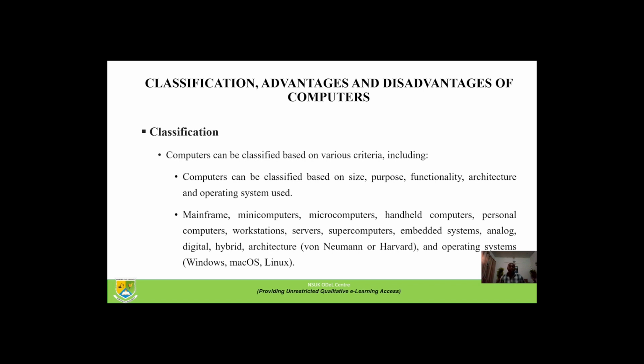By hybrid, we mean computers that have the capabilities, or rather features, of both the analog and digital systems. Then in terms of architecture, we have the von Neumann or the Harvard architecture, and operating systems, which can be Windows, Mac OS or Linux, as the case may be.